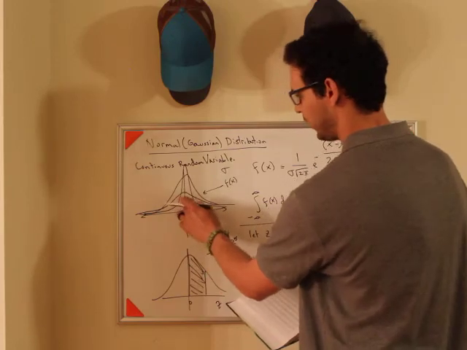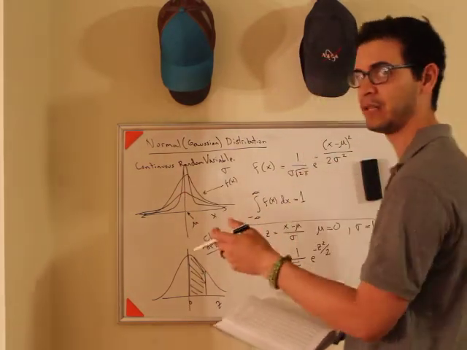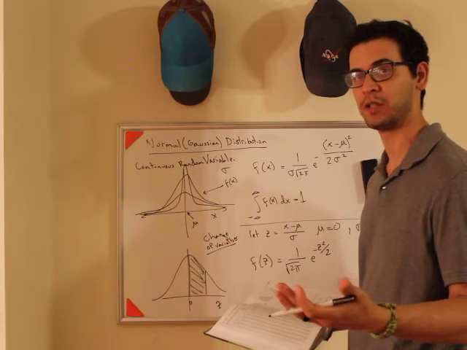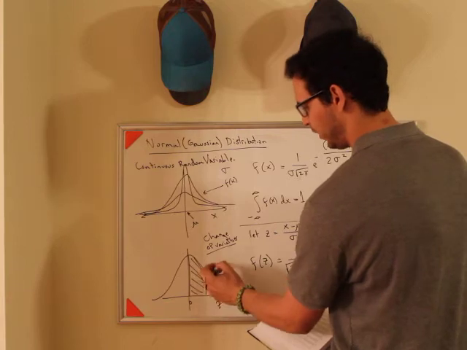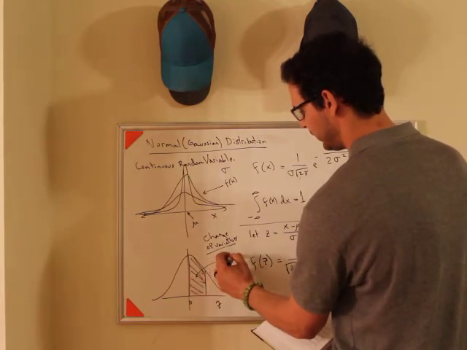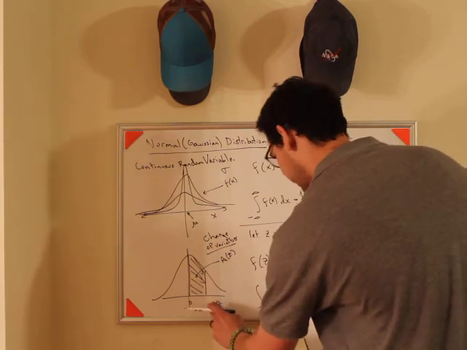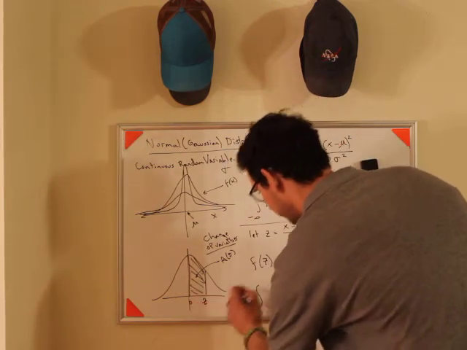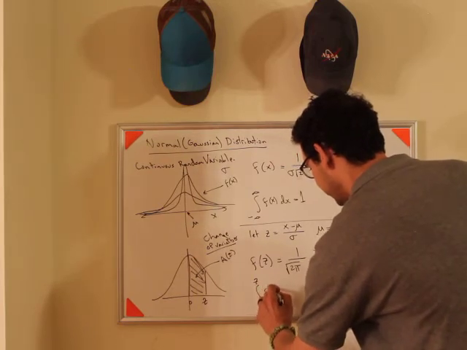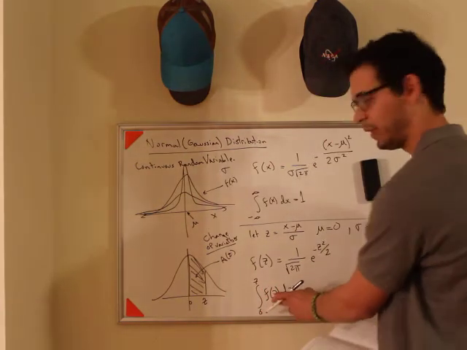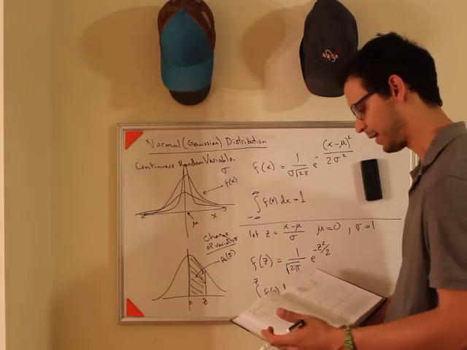I would have to integrate this curve, and if I change the mean or the standard deviation, it would completely change. But because the z distribution is always the same, the area under this curve, A of z, is the integral from 0 to z of f of z dz. And since f of z never changes, I can create a table that has all of this in here.